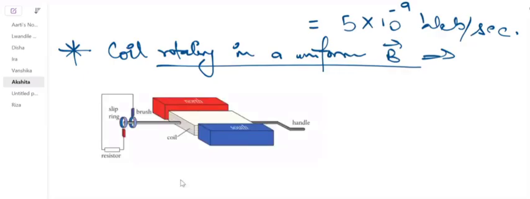Basically this is the generator. It has already been discussed in grade 10. Generator, right?